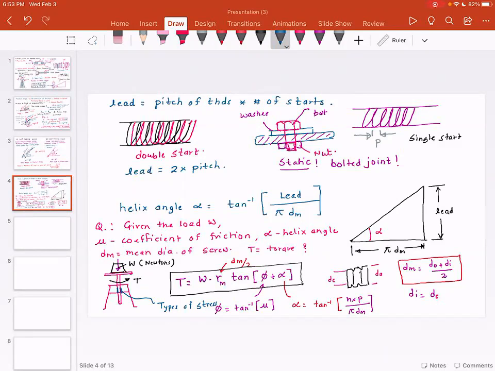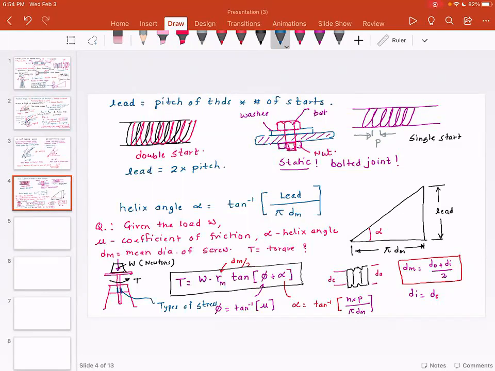Now, just to give you an idea, a power screw can be used in a vertical application, a horizontal application, or an inclined application. So what it means is power screws can transmit tensile loads and compressive loads.